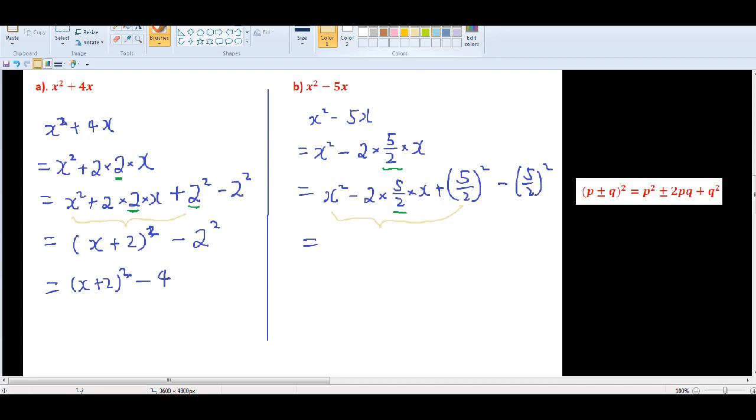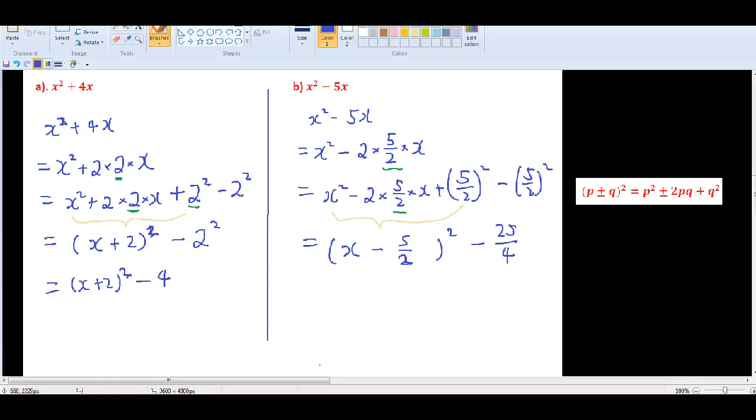So the first three terms we are going to write as x minus 5 over 2 squared, and minus 25 over 4, because that's 5 over 2 squared. Good, so that's basically what we're going to do with completing the square.